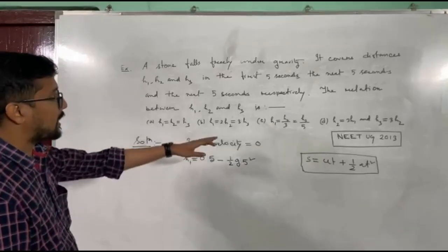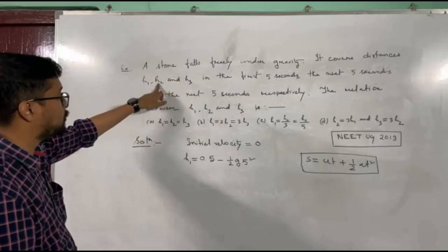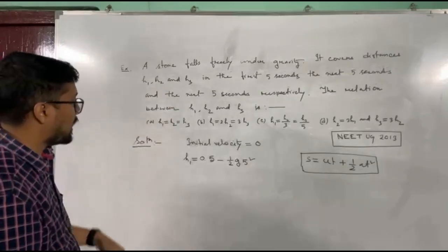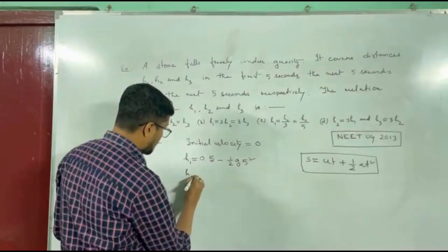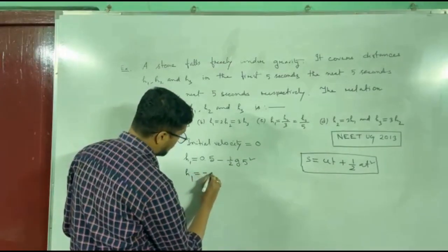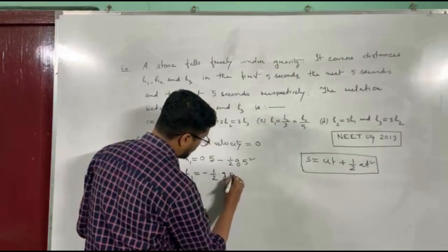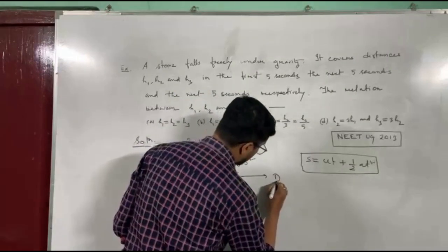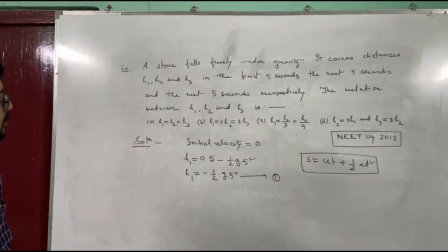So in the next 5 seconds, the stone has further covered another displacement of h2. So what we can write? So let us first rewrite this equation as h1 is equal to minus half into g into 5 square. Let us give it equation number 1.